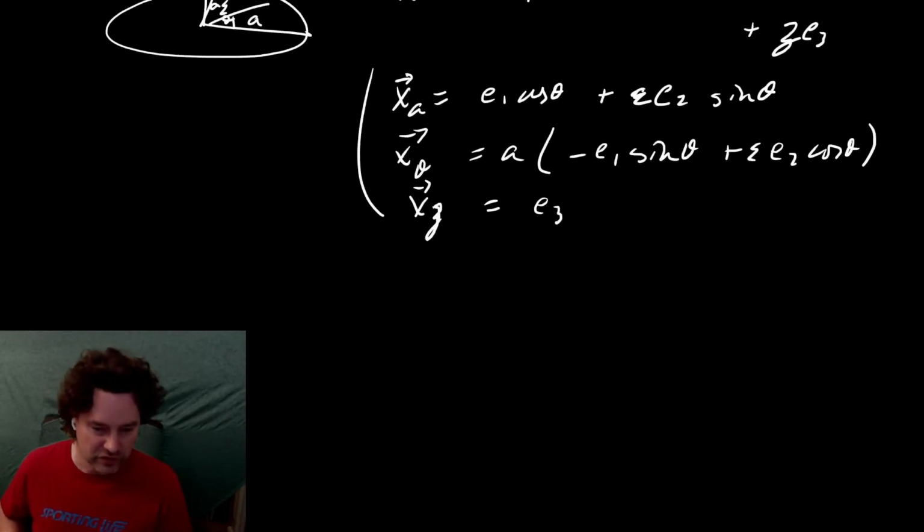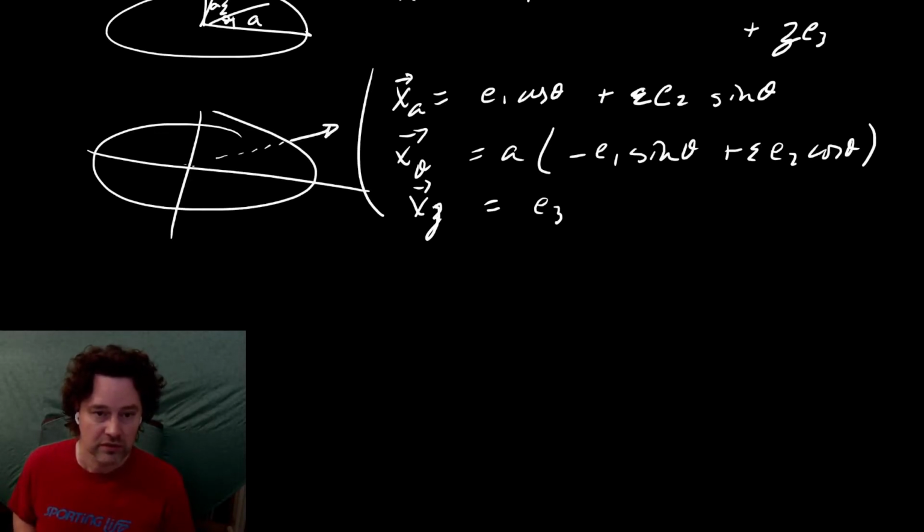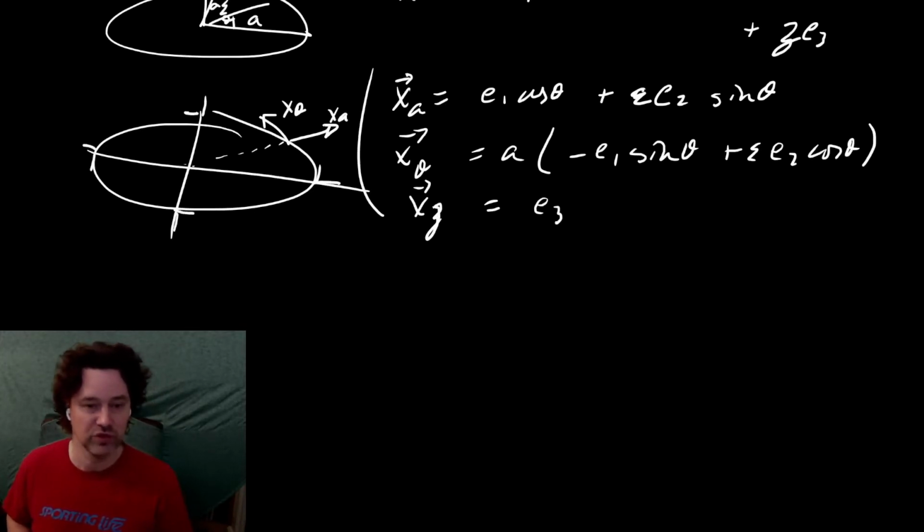So if we were to draw out our vectors at any point in space, we would see that we have x_a and x_theta, and we find that those are orthonormal only at these points here, at multiples of pi by 2, for theta equals pi by 2.